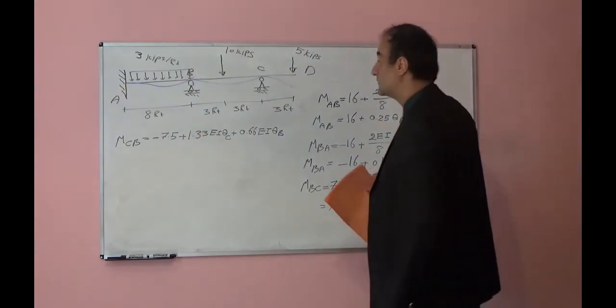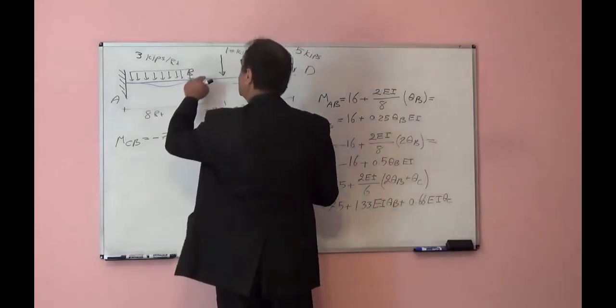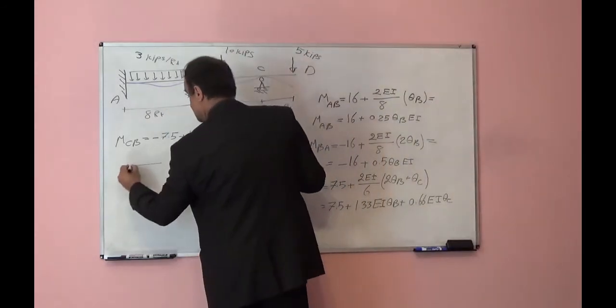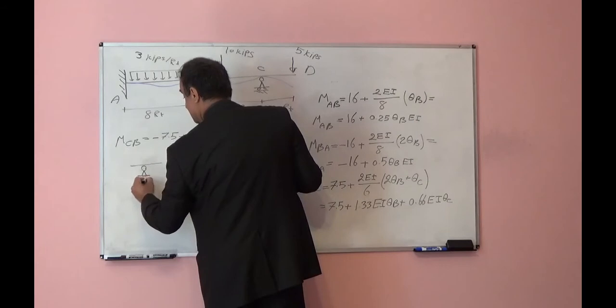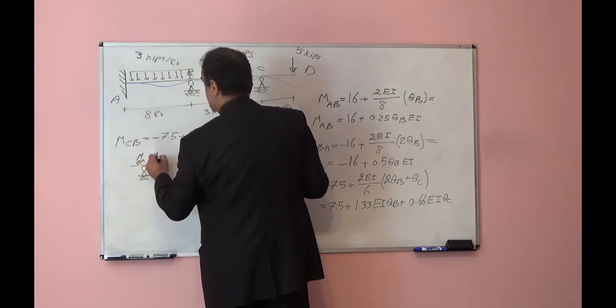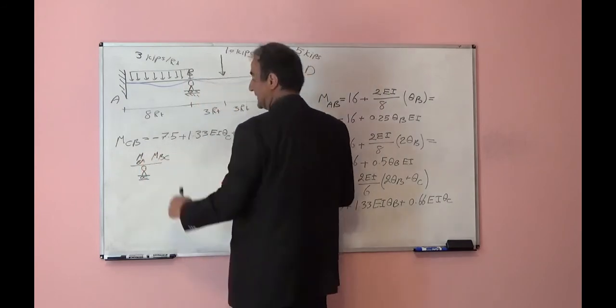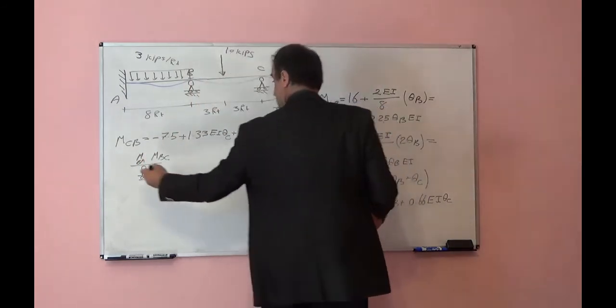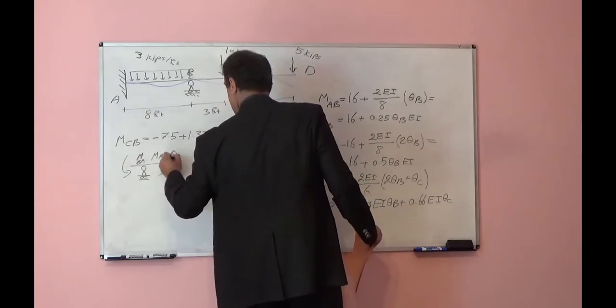Now let's look at the equilibrium equations. We have one rigid joint here. You see this member is continuous, and M BA is on this side, M BC on this side. The summation of these two should be equal to 0.